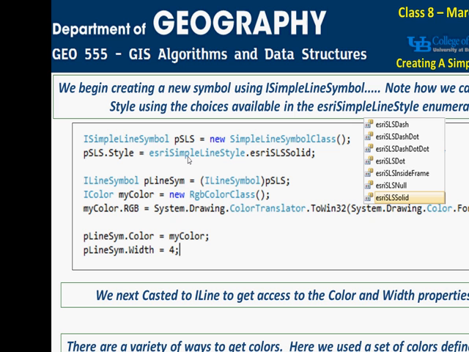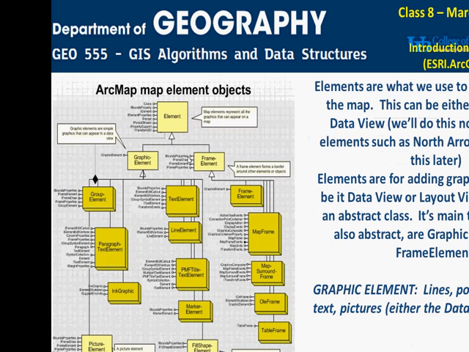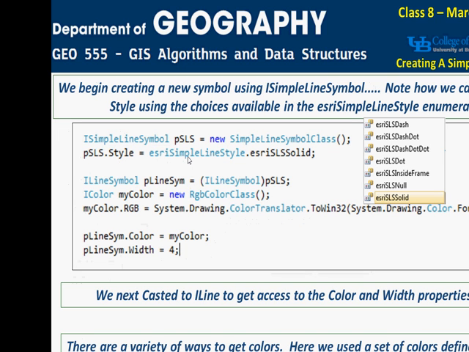This is also the first time, and I hope I have a slide on this in a moment, that we define how we're going to set color. This is the first time we've done anything with color in our objects.